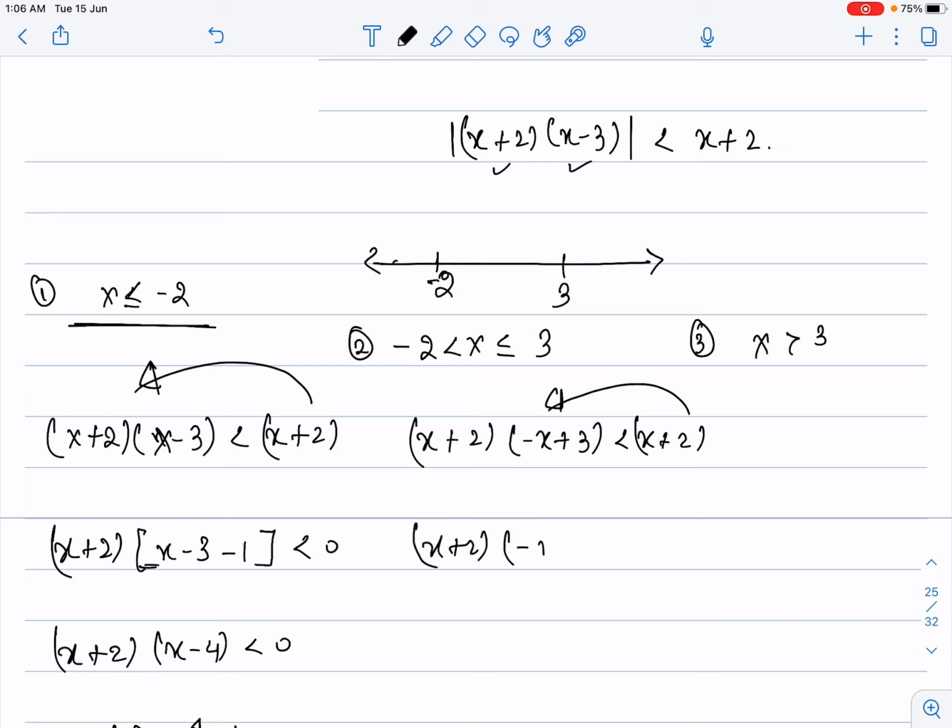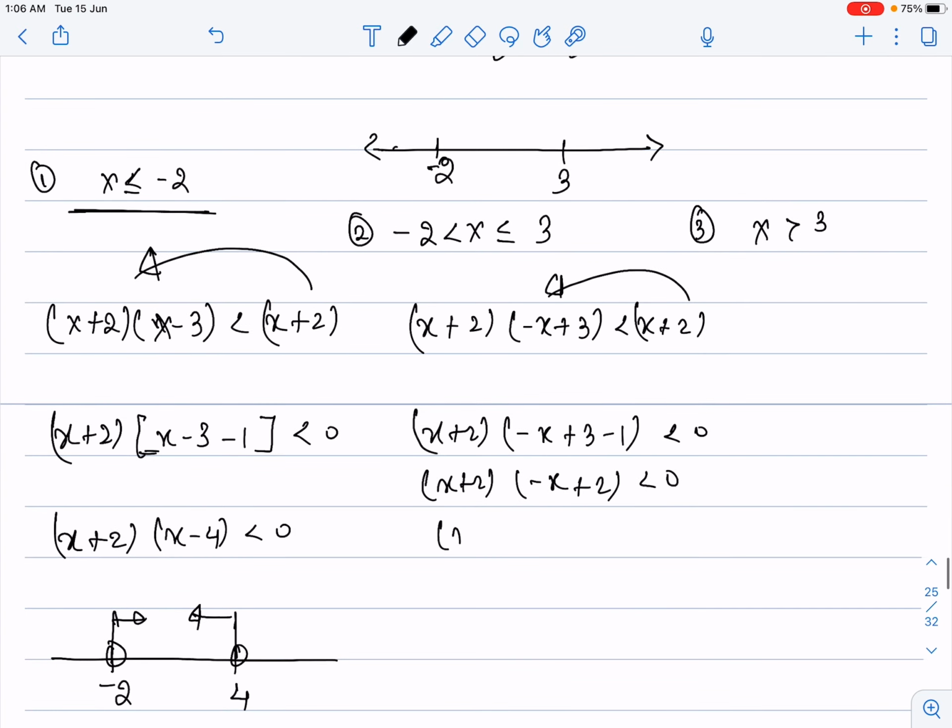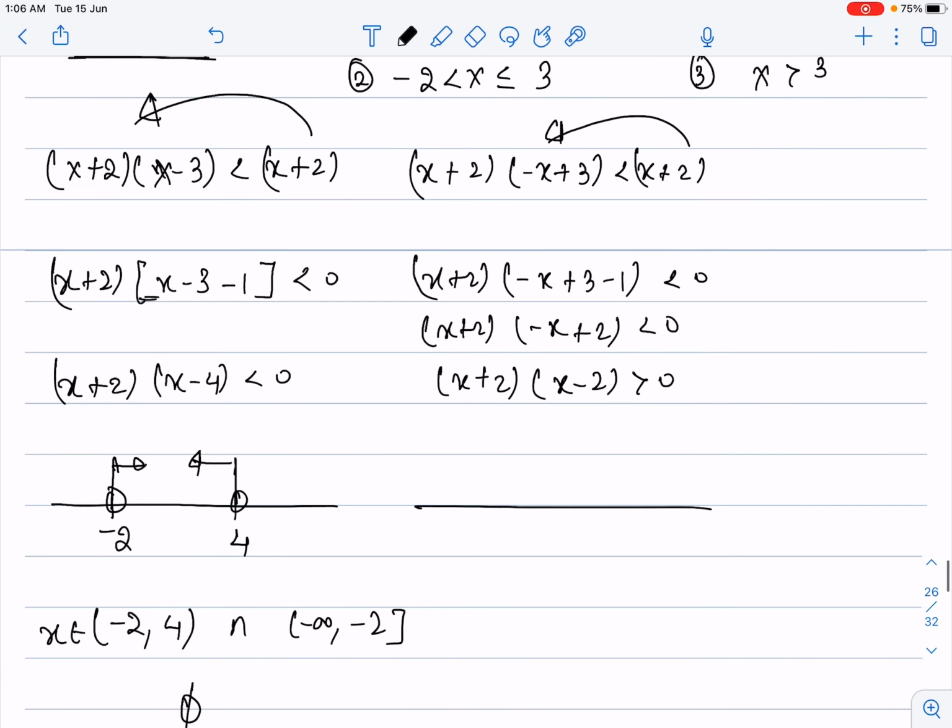Then minus x plus 3 minus 1 is less than 0. That means x plus 2 multiplied by minus x plus 2 is less than 0. That means x plus 2 multiplied by x minus 2 is greater than 0. One value of x is minus 2, the other value of x is 2. So we would have to go away from minus 2 and away from 2. That will be the final values of x over here.